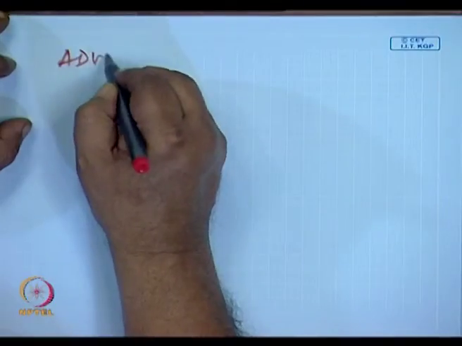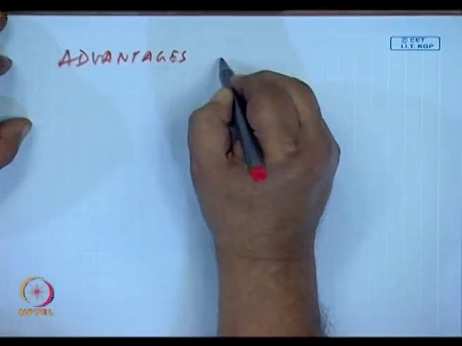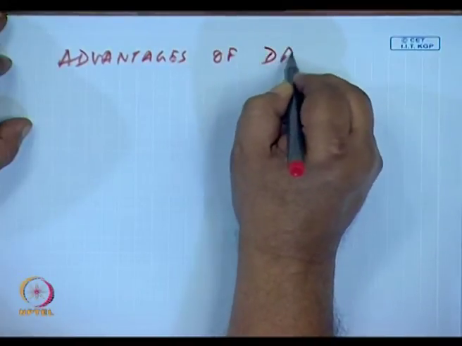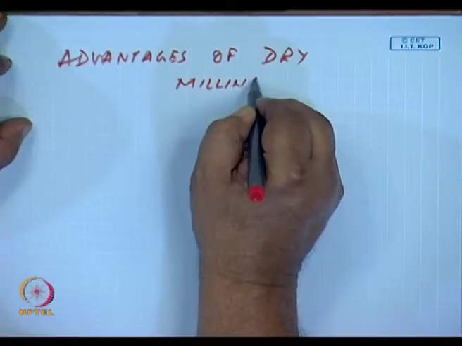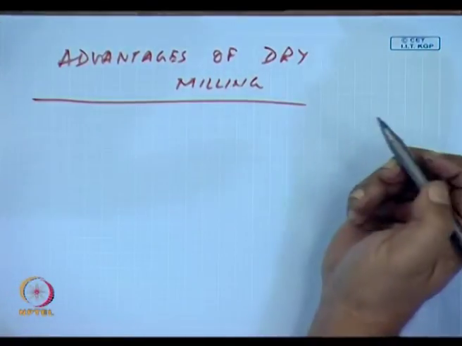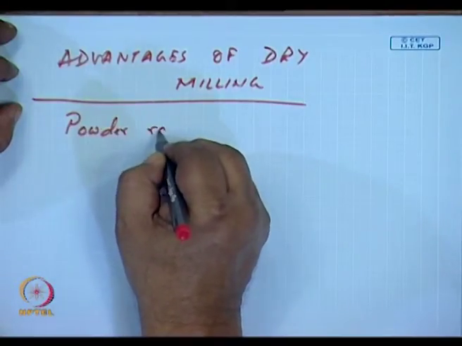There are certain advantages of dry ball milling. The very first thing, advantages of dry milling, the very first thing is the powder remains dry.